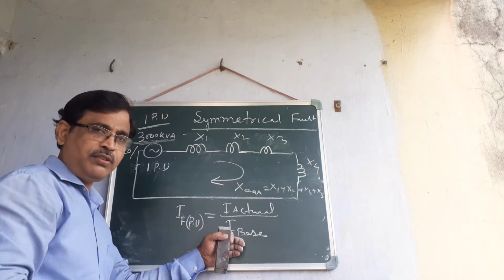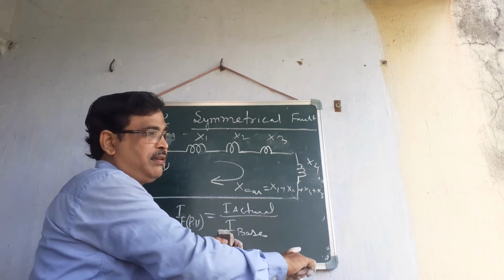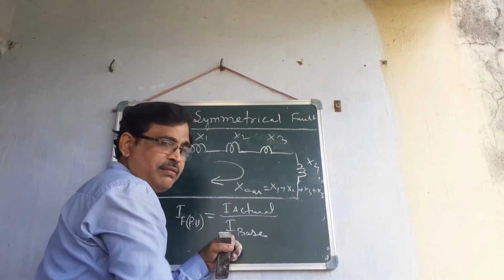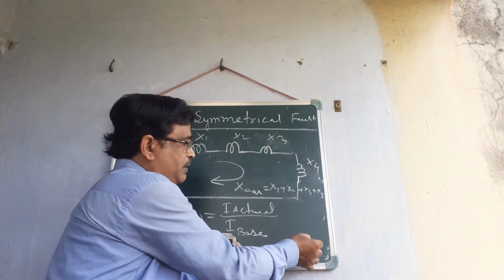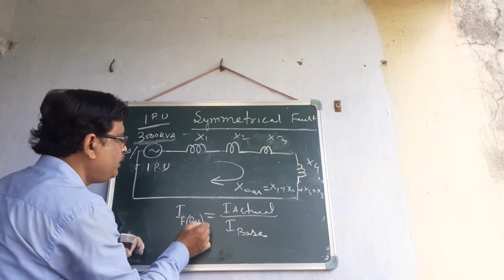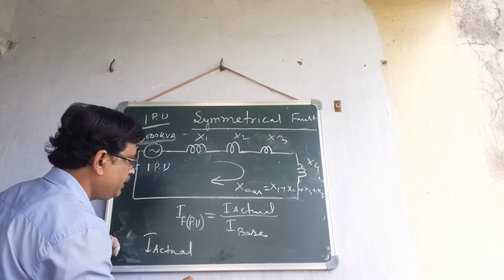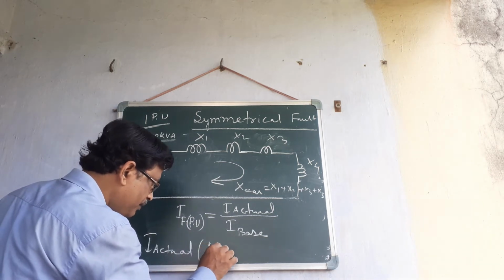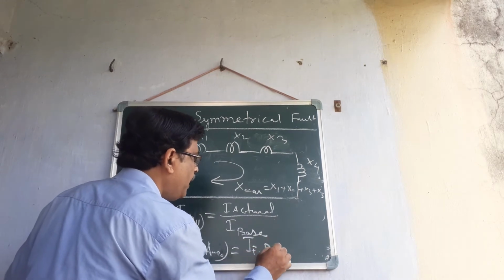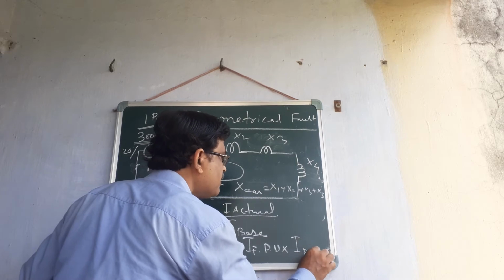I base is derived from V base, KVA base and KV base, or power base and voltage base. I base is also known. So I actual, the current in amps, will be I fault per unit into I base.